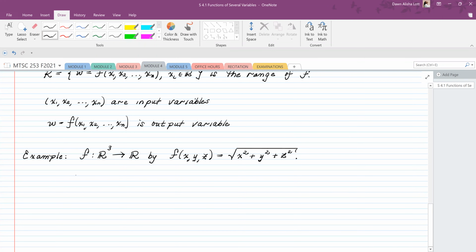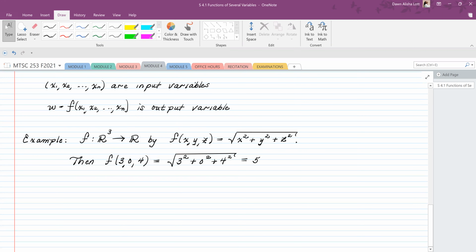Then F of 3, 0, 4 is the square root of 3 squared plus 0 squared plus 4 squared, and that's the square root of 25. So that's just 5. Okay, so that's how you handle a function of more than one variable.